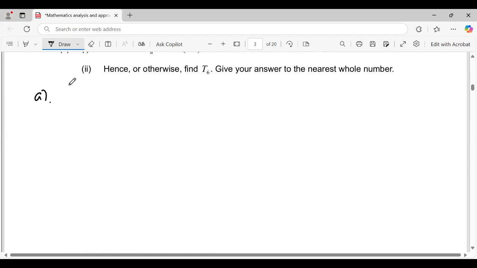Well, part A. The formula is Tn plus 1 equals 1.1 Tn minus 500. If T1 equals 6,000, we can determine T2 based on this formula.